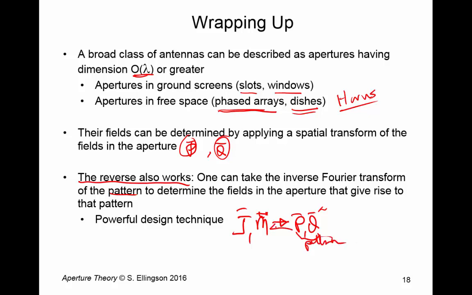We can therefore take the inverse Fourier transform and get the equivalent currents. So if we know a pattern, we can specify it somehow, take an inverse Fourier transform and get the currents which give rise to that pattern. That'll be an idea that we will certainly follow up on, and it'll be a useful way to design phased arrays, for example.